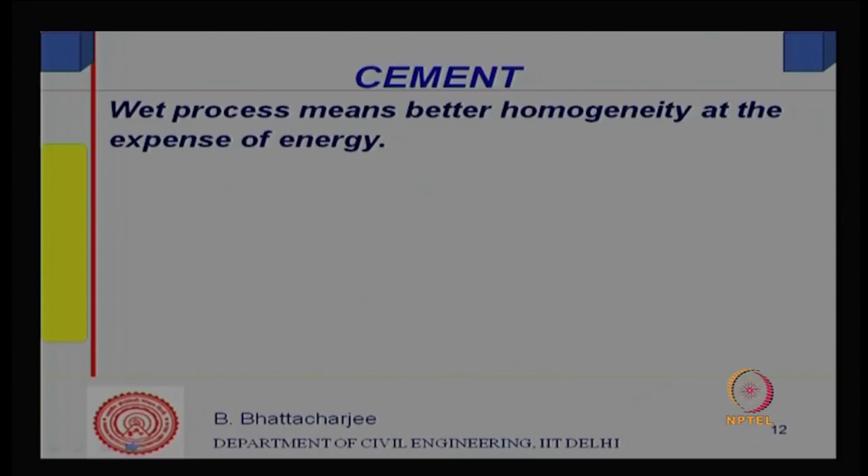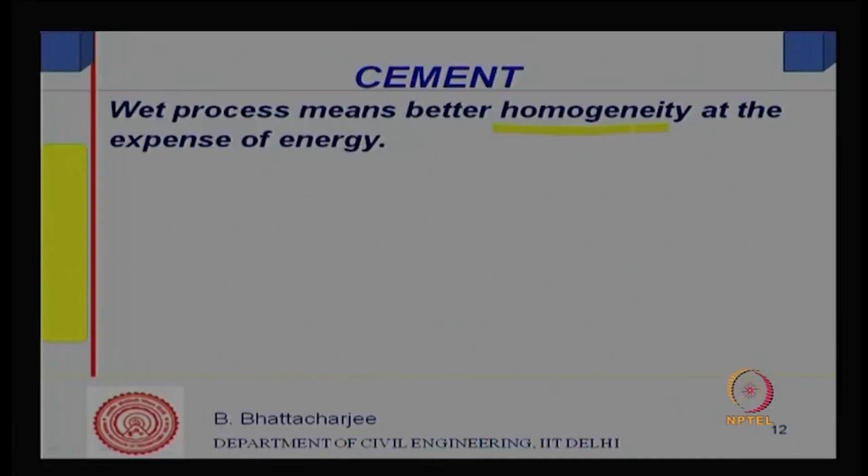There are two processes, one called the wet process, which is now not used much. You have to essentially mix lime and silica in appropriate proportion, and the wet process was used where they were made into slurry, and you get a homogeneous mix of the two.